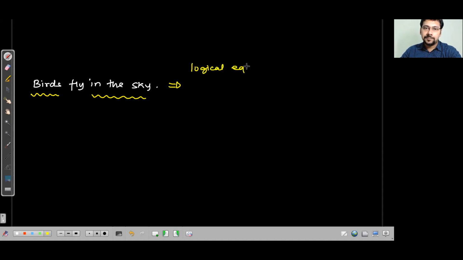However, any claim that is not of this kind, for example, if I say birds fly in the sky. In this kind of scenario, all we need to do is understand that this represents a universal positive, so we have to convert it to its nearest logical equivalent. Birds fly in the sky: birds is a variable, so it's a term.